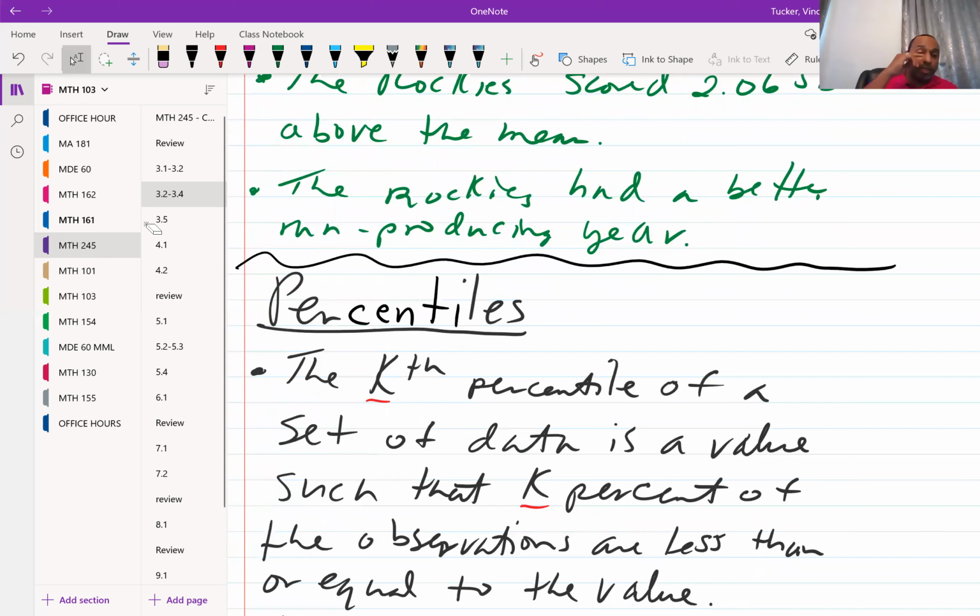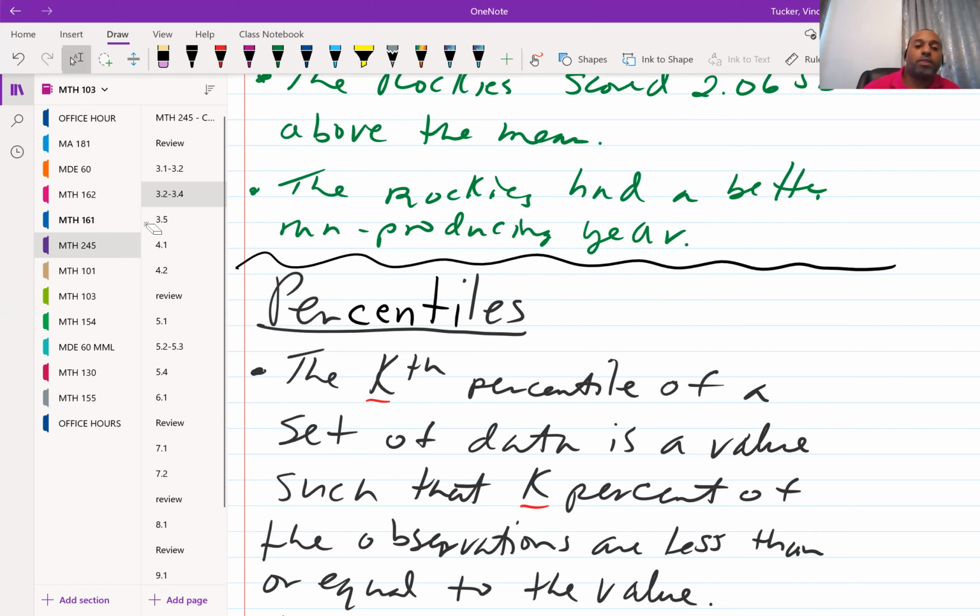All right, next thing is percentiles. And like I said, going back to Z-scores, that's all they really talk about as far as Z-scores in this section. We will look into more applications of Z-scores later on, but they just want to introduce it to you right now.